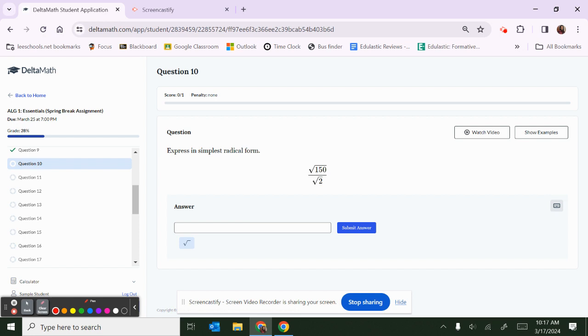So those first 12 numbers are 1 times 1 is 1, 2 times 2 is 4, 3 times 3 is 9, 4 times 4 is 16, 5 times 5 is 25, 6 times 6 is 36, 7 times 7 is 49, 8 times 8 is 64, 9 times 9 is 81, 10 times 10 is 100, 11 times 11 is 121, 12 times 12 is 144.